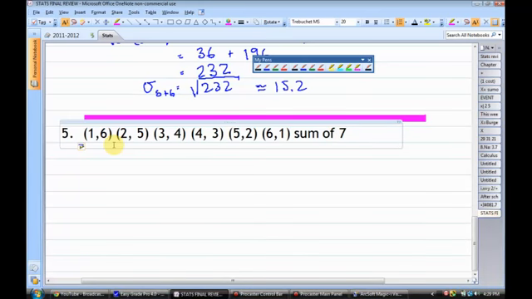Okay. Now, let's go on to the next one. We want to know how many different combinations have at least one 6. That's 6, 1. 6, 2. Okay, now I'm not doing how many of these add up to 7 now.